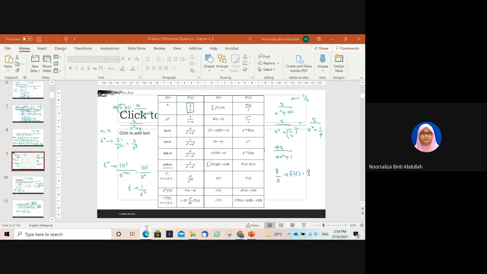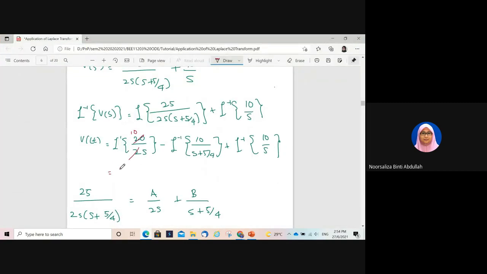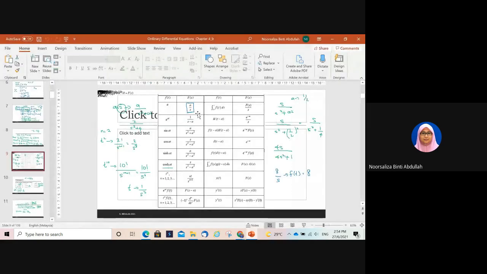Okay, A over S, so be A. So this one will be 10. Okay. This one also 10, right? Sama kan? Plus with 10. Okay, minus with this one 10 over S plus 5 over 4. Okay. So this one, if 1 over S minus A, it will be exponent AT.